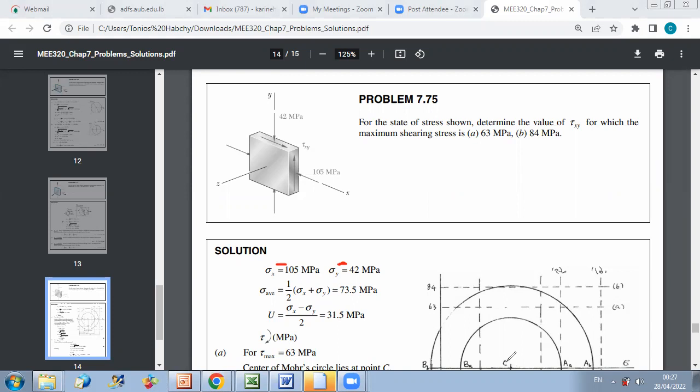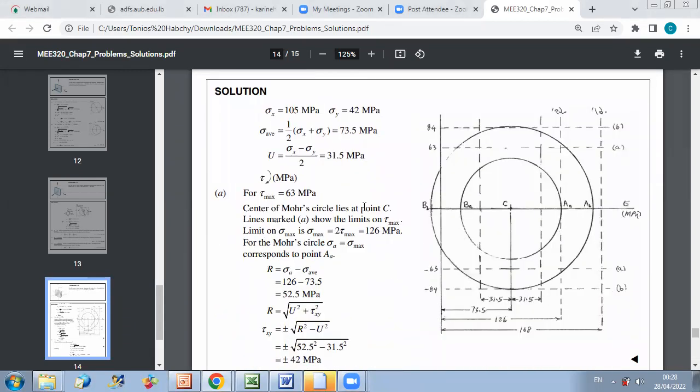So the analysis will be similar, but to be accurate, we should put minus minus. Okay. Assume here for this solution that you have tensile stress. So sigma x will be plus 105 and sigma y will be plus 42. The analysis will be just similar, but the circle will be on the other side, the negative side.